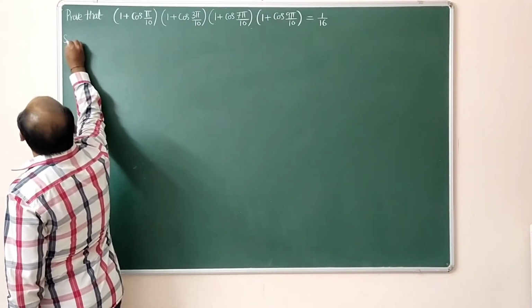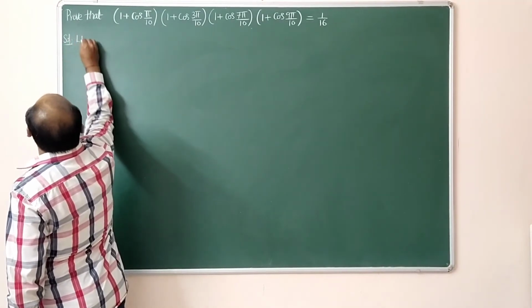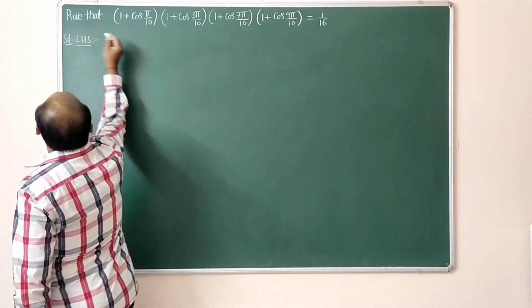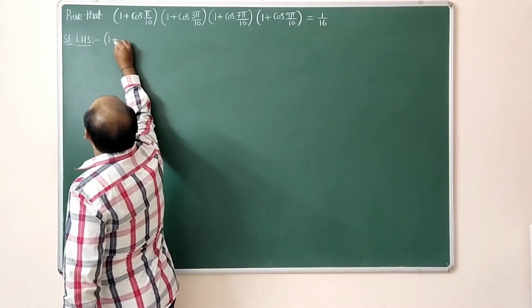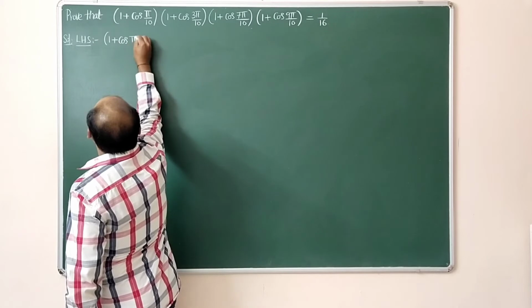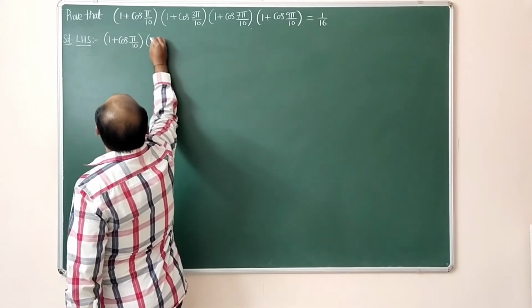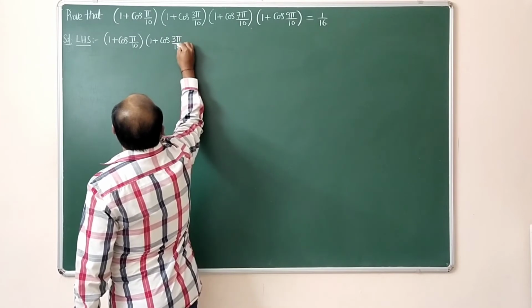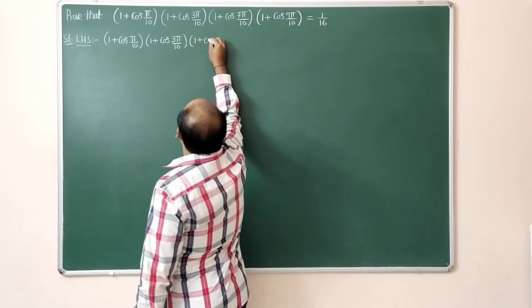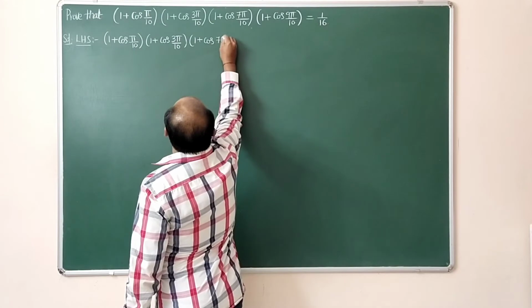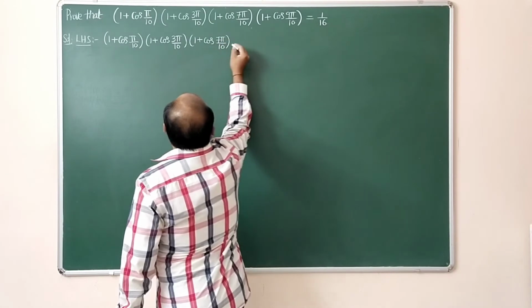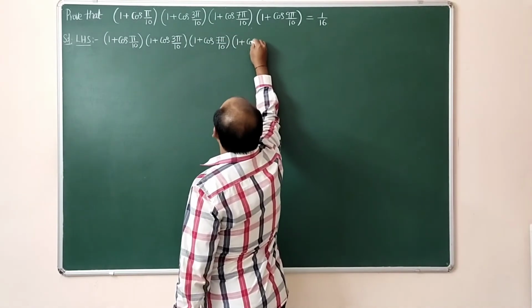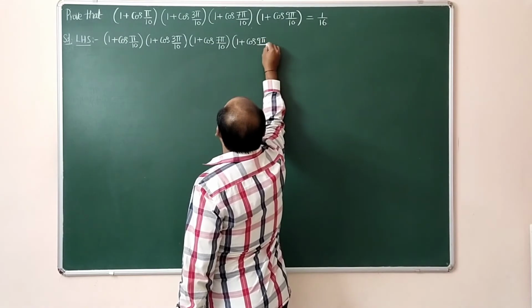In the solution, consider LHS: 1 plus cos pi by 10, 1 plus cos 3 pi by 10, 1 plus cos 7 pi by 10, 1 plus cos 9 pi by 10.